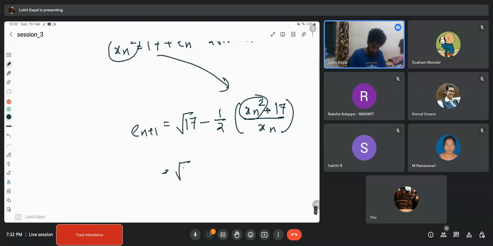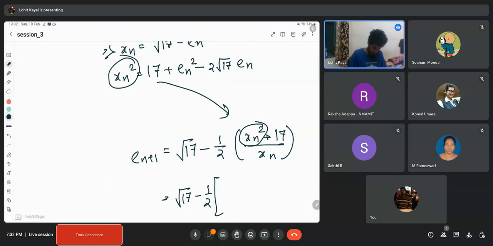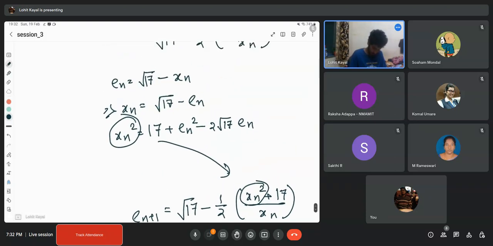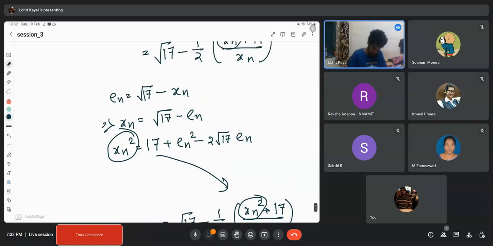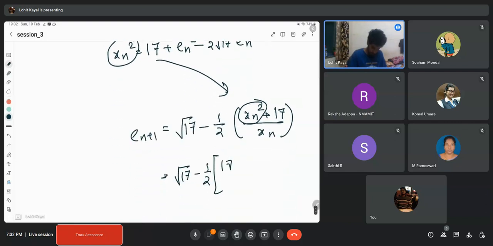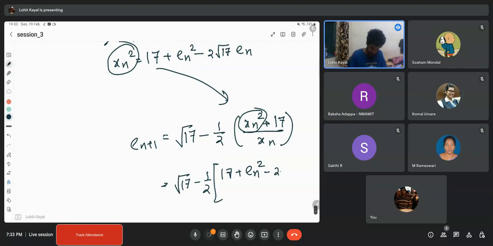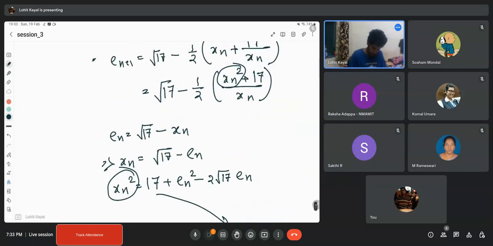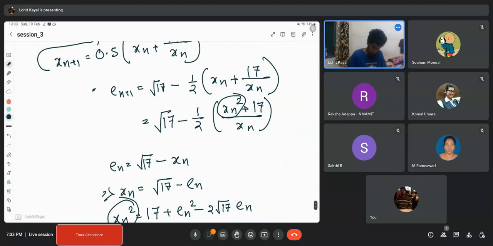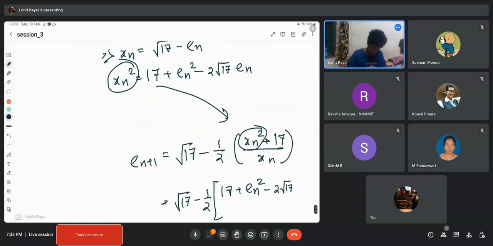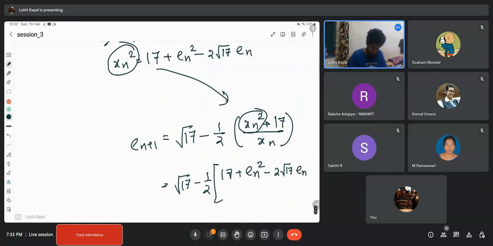So it will be square root of 17 minus half into 17 plus en square minus 2 square root of 17 en by xn.